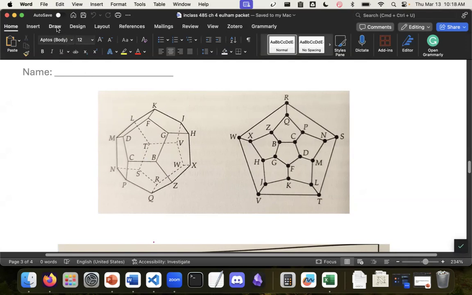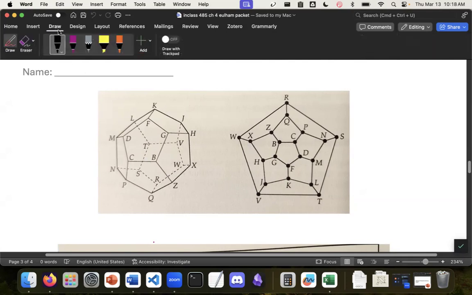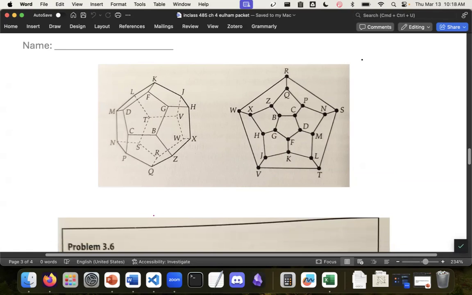So I've got one example that the book had where let's say we were given B, C, P, N, and M. That's our starting point. Then the game is to find how do we go around the rest of them and return back to B.